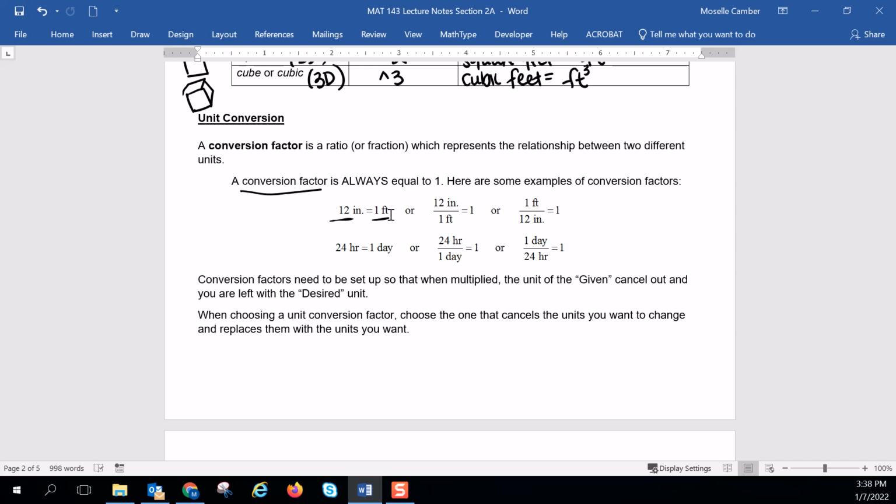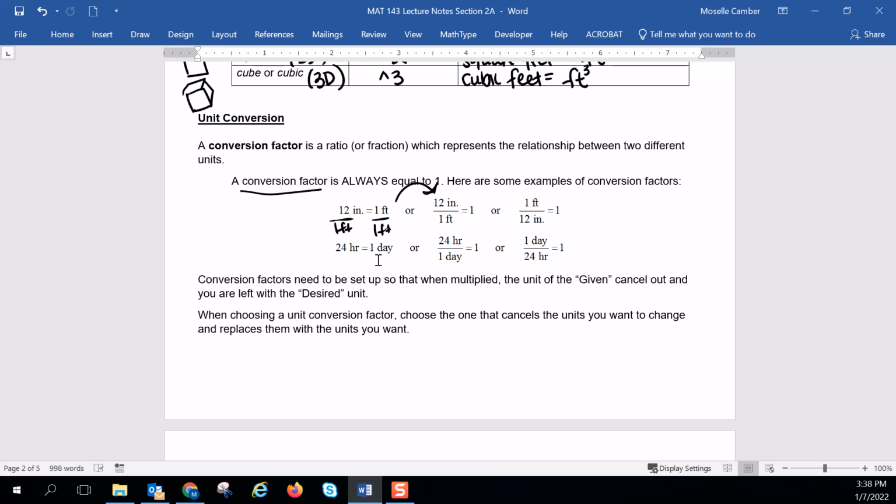So in this case, let's say we divide both 12 inches and 1 foot by 1 foot. We then have this equation here. 12 inches divided by 1 foot is equal to 1, because 1 foot divided by 1 foot, something divided by itself, is just 1. And note that there are no units for the 1 because the feet cancel out.